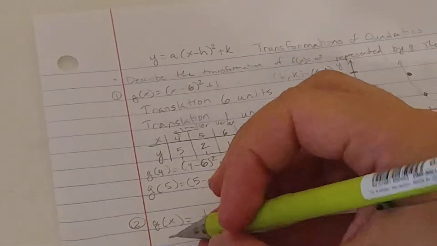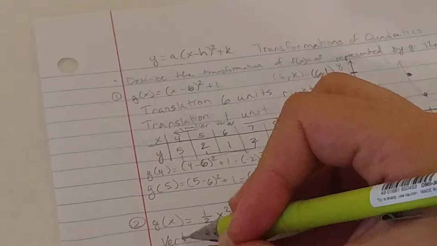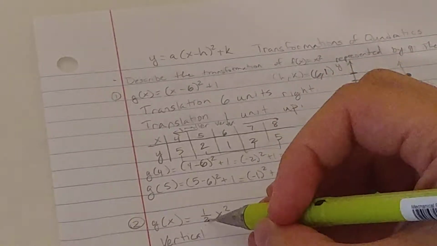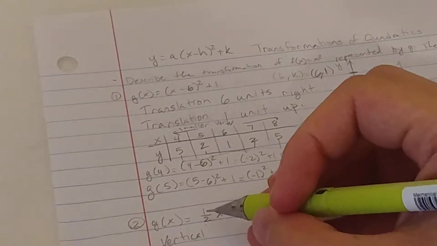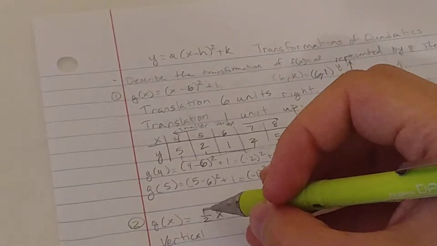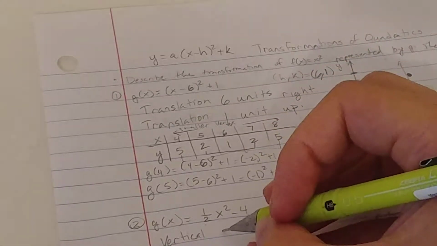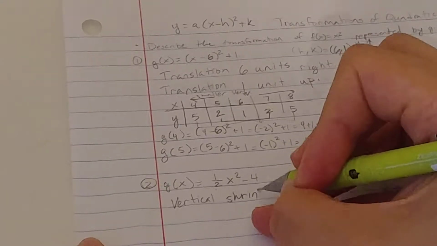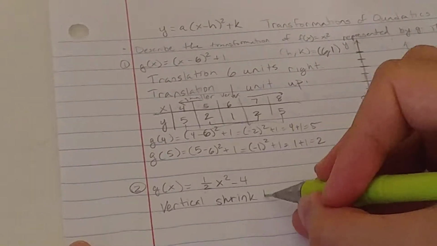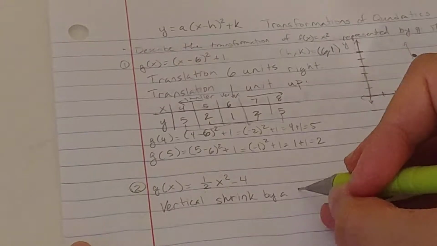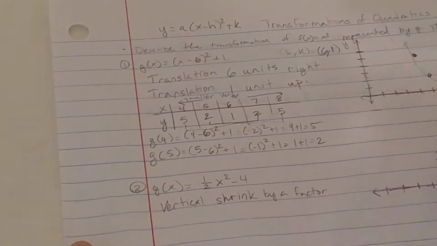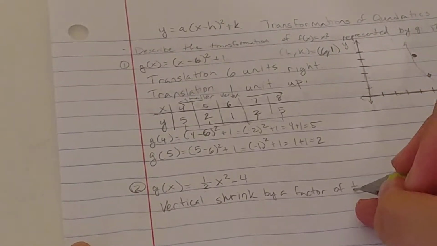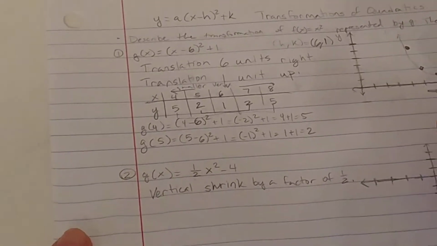So this is vertical, since there are no parentheses. For vertical, it's nice because it's what it looks like. 1/2 is smaller than 1, so it's going to be a shrink. So a vertical shrink by a factor of 1/2. You just write it the way it looks.